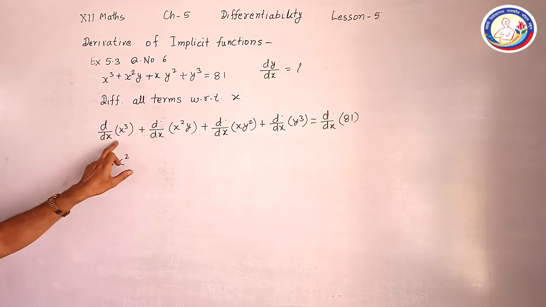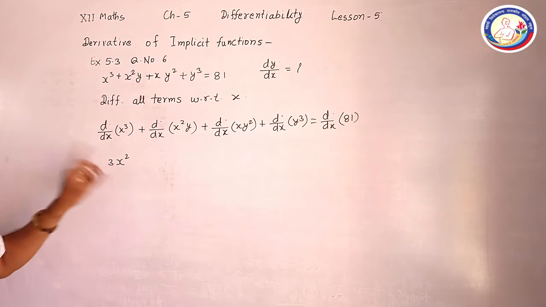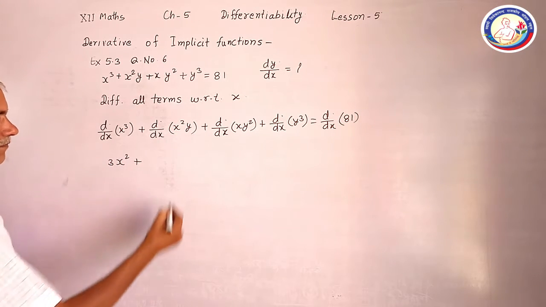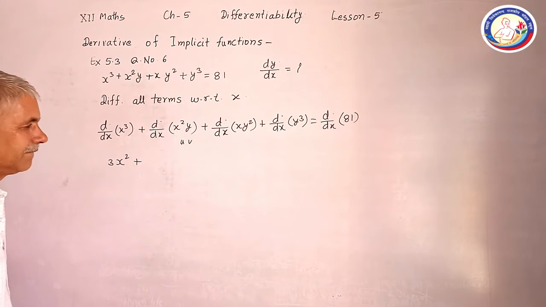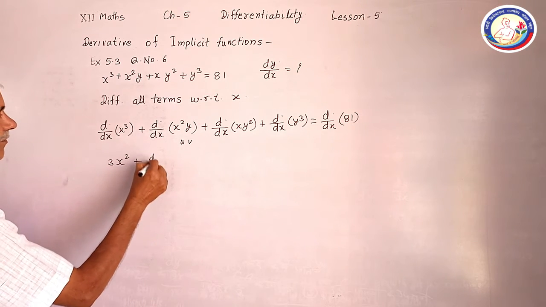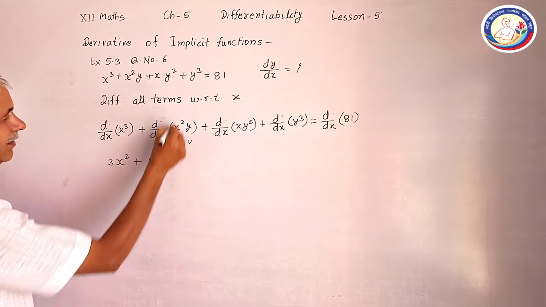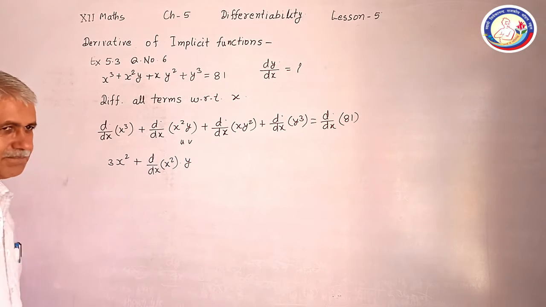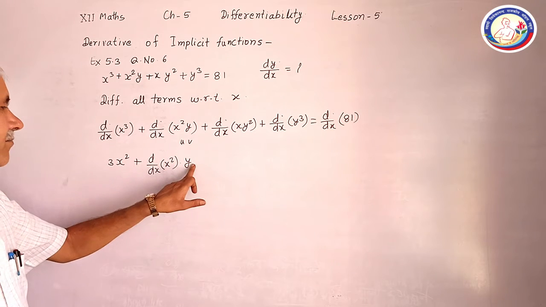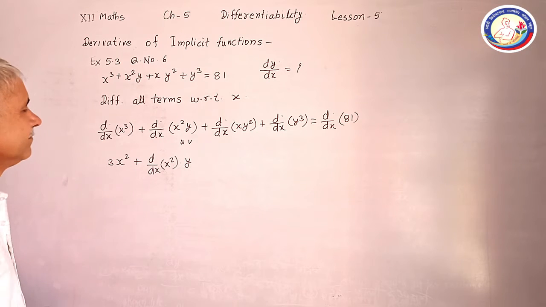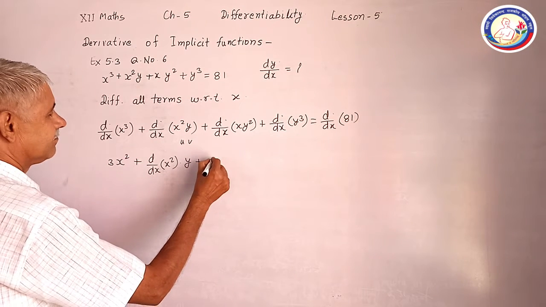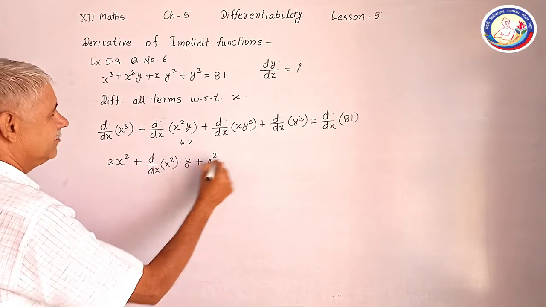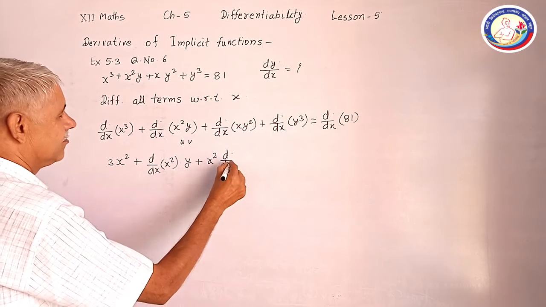By formula we can find it 3x square plus, for this, u into v method. Just say this is u and this is v. Now derivative of x square with respect to x, keeping y as it is. Then keep first function as it is, x square into derivative of y.